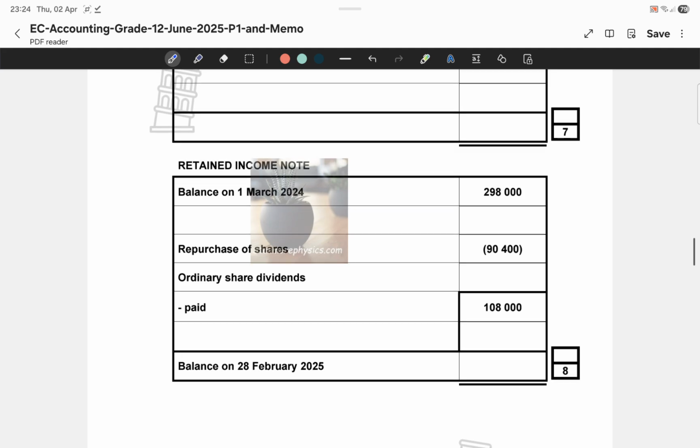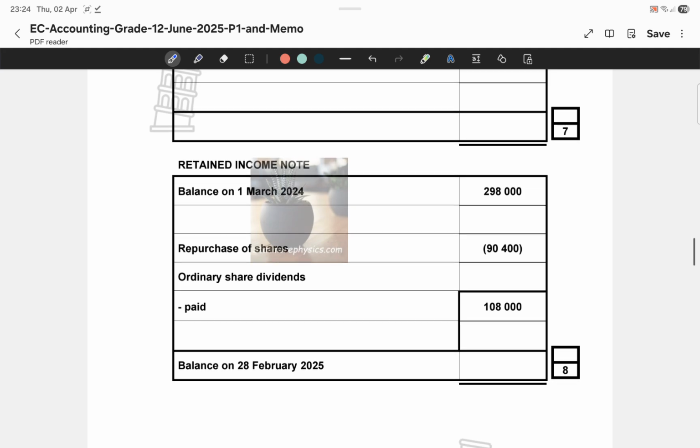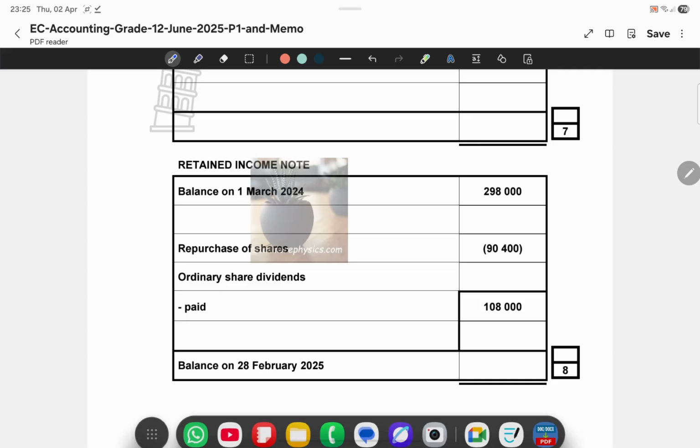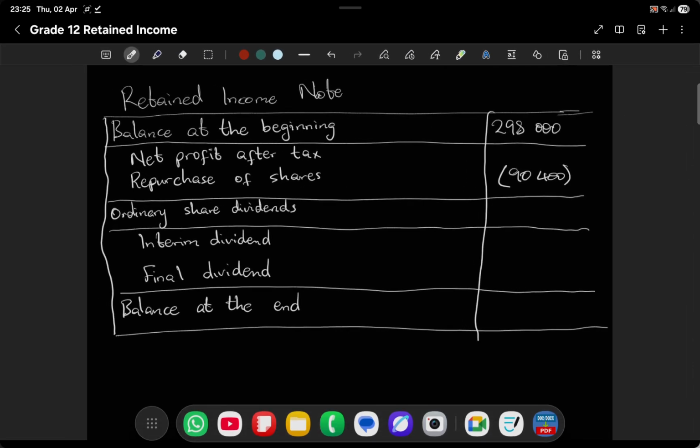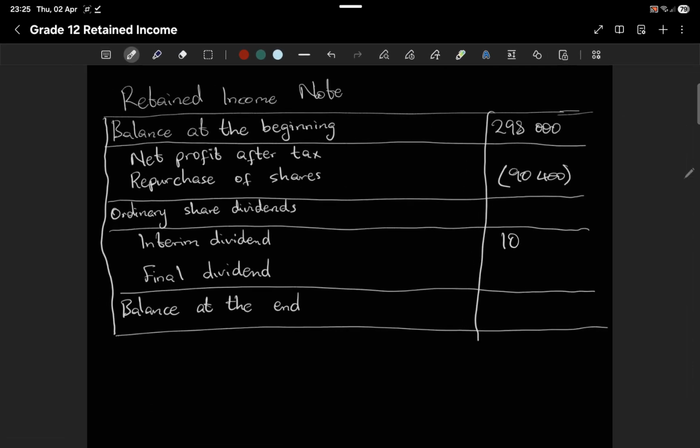Whenever you see the word paid, don't panic. It means interim dividends. With final, it might say declared, but in most cases it only says final. So whenever you see the word paid under the ordinary share dividends, just know that it is interim dividends. They gave us 108,000. I'm going to write it here, 108,000.